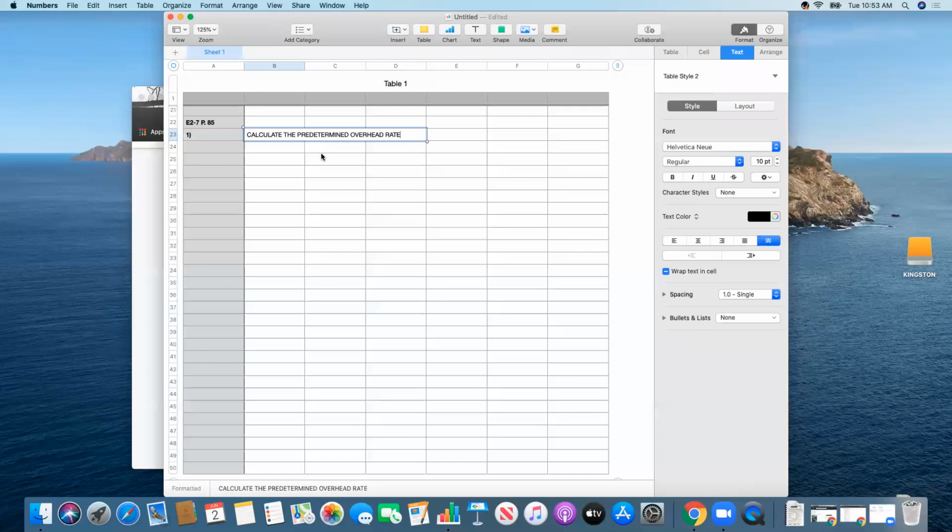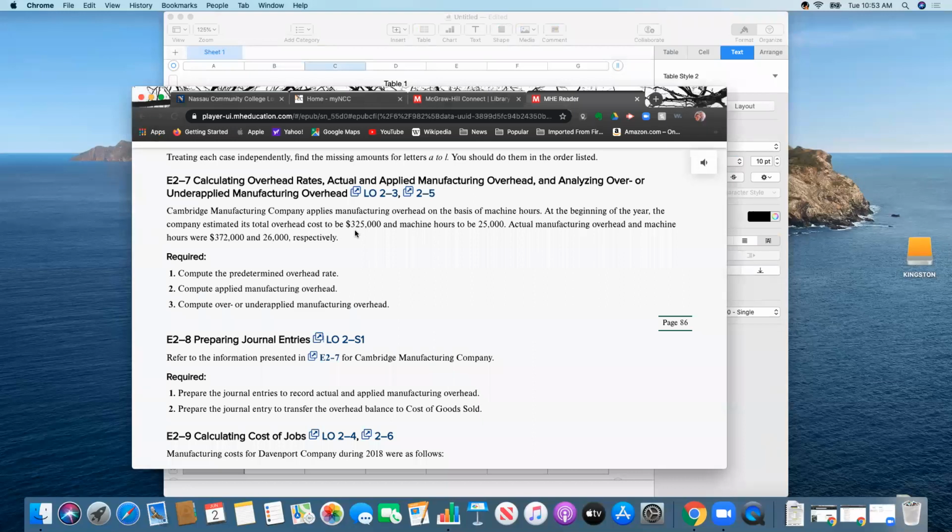Calculate the predetermined overhead rate. So we want to take the total estimated overhead, 325, and divide it by the estimated hours.